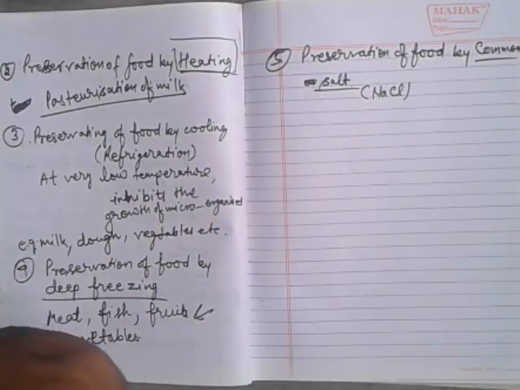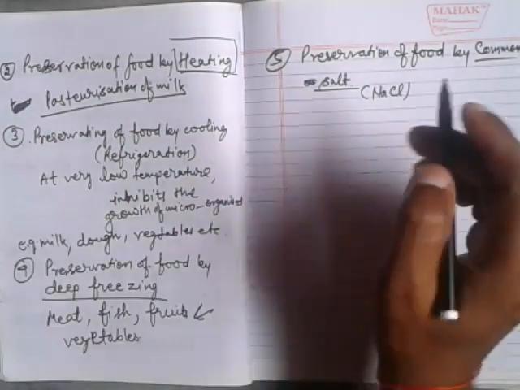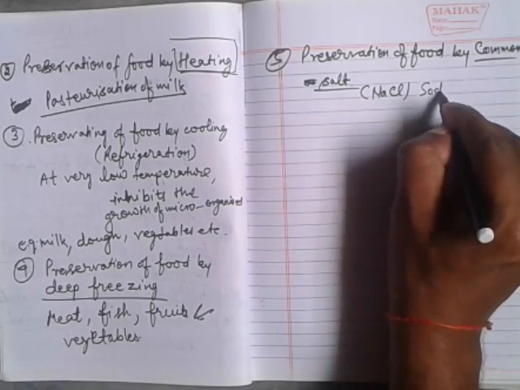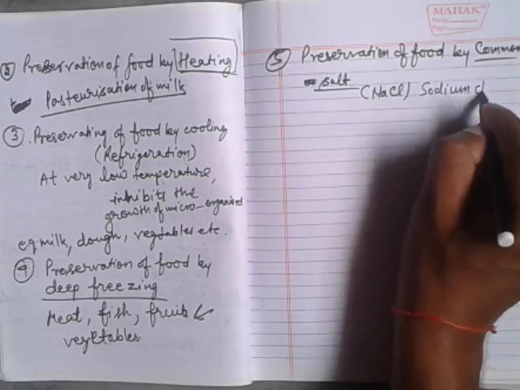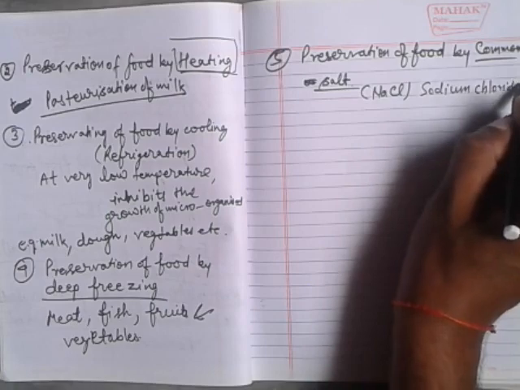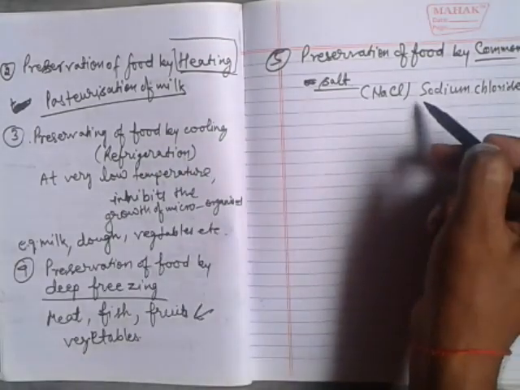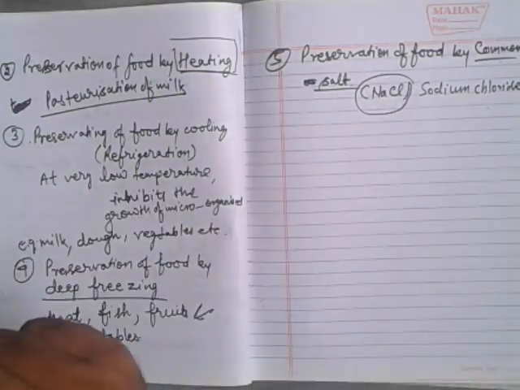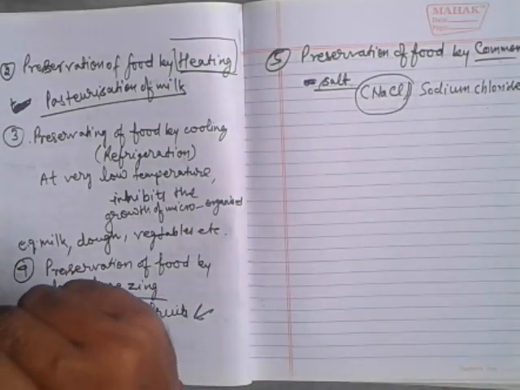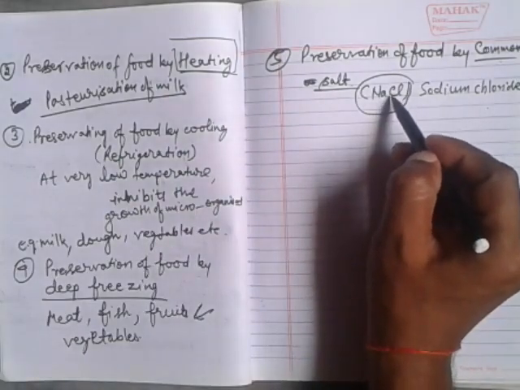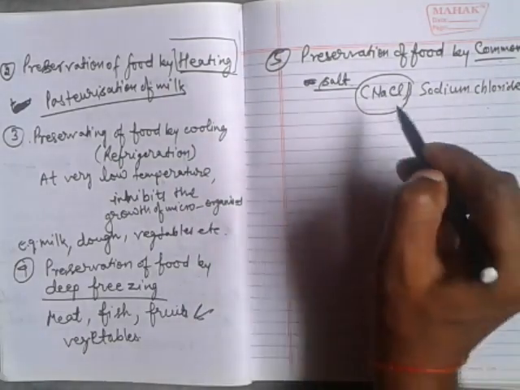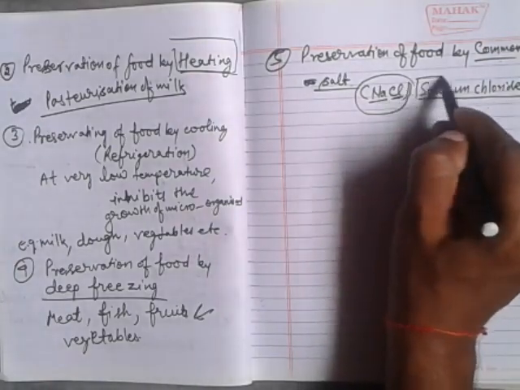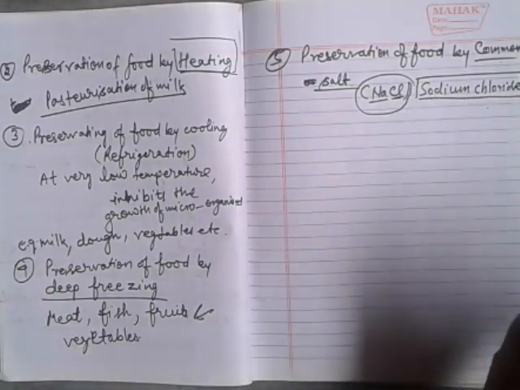This is the chemical formula, and the name of the common salt is sodium chloride. Na: capital N, small a; Cl: capital C, small l. This is sodium, this is chlorine, and collectively it is a compound. The name of the compound is sodium chloride.